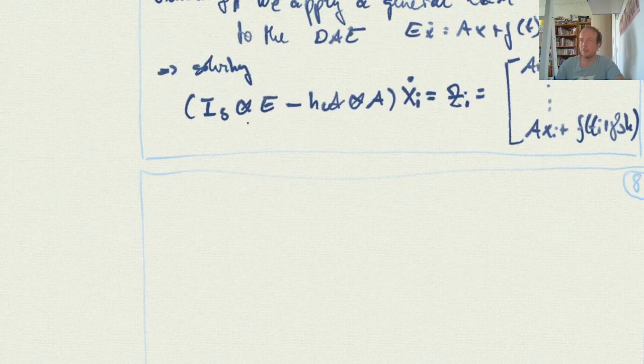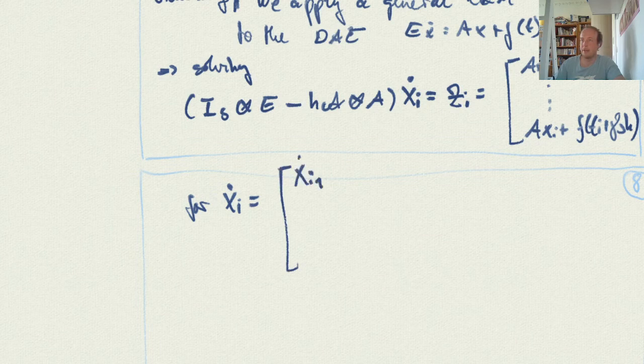and for this xi dot vector, which is, you may have guessed it, xi_1 dot, here are all the stage values that we need, up to xi_s dot.